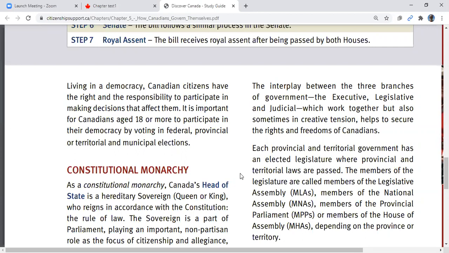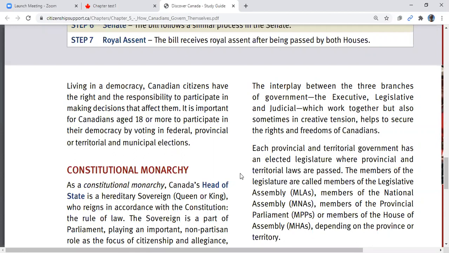Yeah, very good. Okay, so do you remember when we did this way back when we were talking about rights and responsibilities? Remember I said a right is something Canada gives you, and a responsibility is something you give Canada. For this one, they're saying you have to do both.